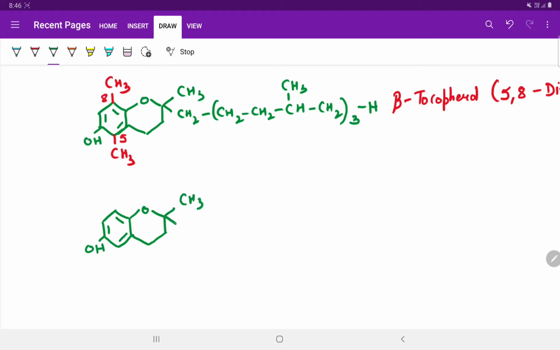Then the side chain, the isoprene chain. Students, practice these structures, as your time to draw them will be shortened if you practice them daily.